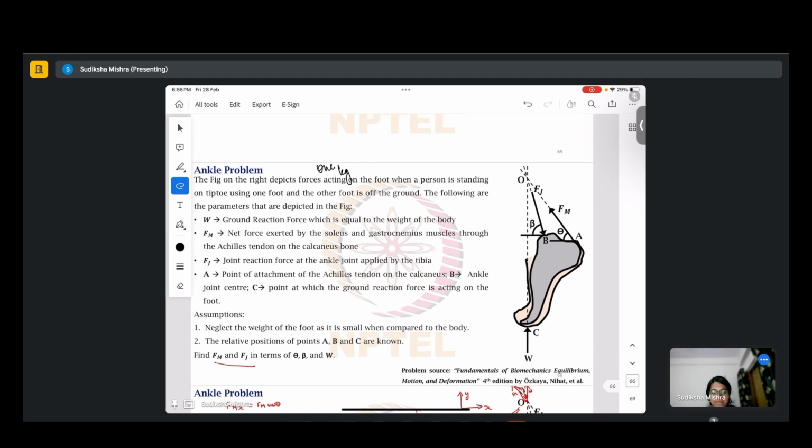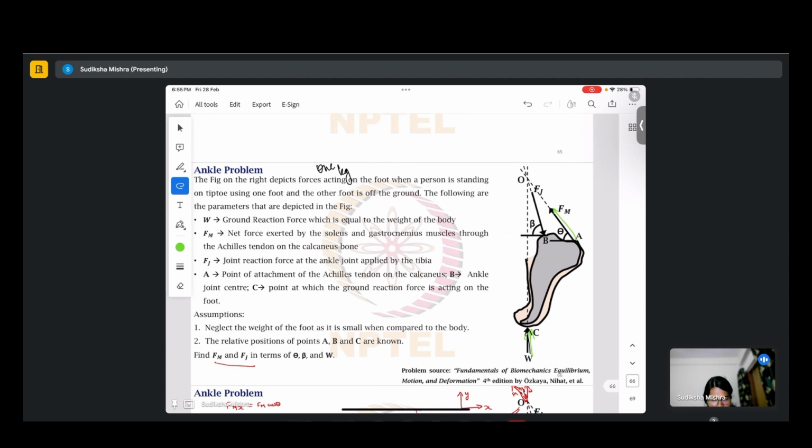The following are the parameters that are depicted in the figure. W is the ground reaction force, which is equal to the weight of the body. This is W. Fm is the net force exerted by the soleus and gastrocnemius muscles through the Achilles tendon on the calcaneus bone. So this is Fm.